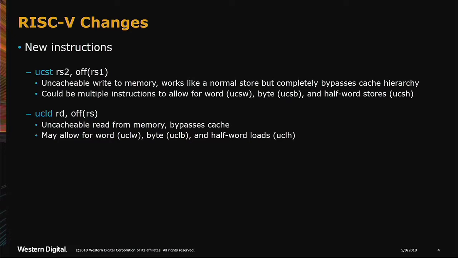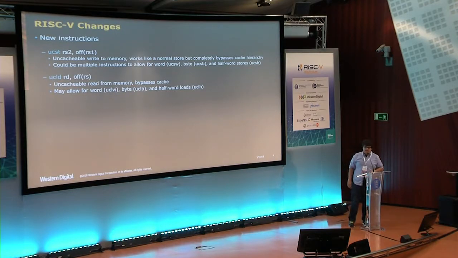However, the difference is that uncacheable store would write directly to memory, bypassing the cache hierarchy completely. And in fact, we can go further and distinguish between different kinds of stores, to allow writes to memory of word-sized, byte-sized, and half-word size, such as shown here. So we could have a UCSW, a UCSB, or a UCSH.